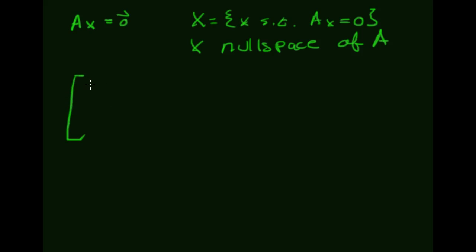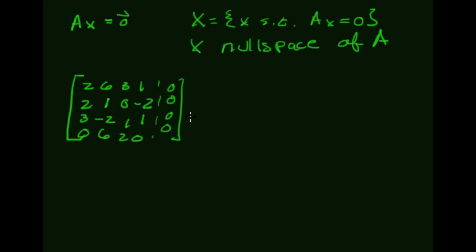Put A as the left side of the augmented matrix, and the 0 vector as the right side, because Gauss-Jordan says this is solving this system of equations.